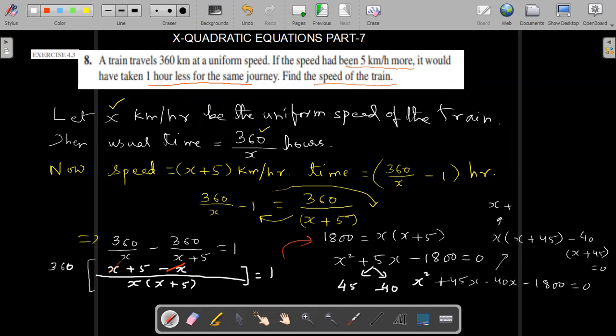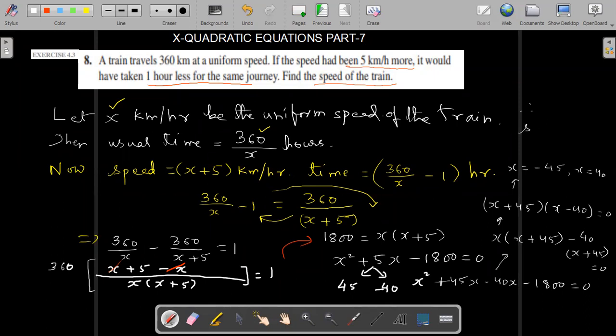Next step I am writing above. x plus 45 taken out common, we get x minus 40 is equal to 0. So x is equal to minus 45 and x is equal to 40. The negative is not possible. Minus 45 speed is not possible. So x is equal to 40 is possible.